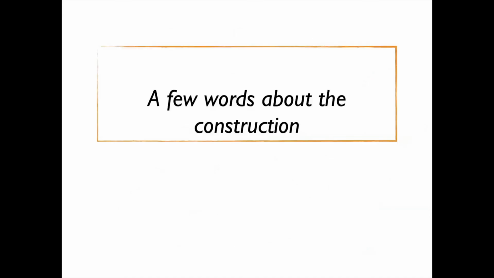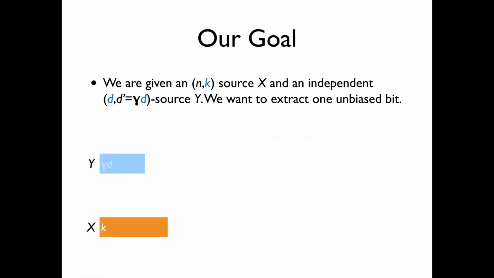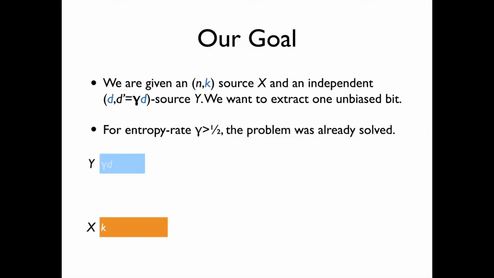Okay, so let us conclude with just a few words about the construction. So recall that our goal is, given X, an NK source, and Y, an independent DD prime source, where D prime is gamma D, we want to extract one unbiased bit. Now, the starting point is that for entropy rate larger than half, the problem was already solved.